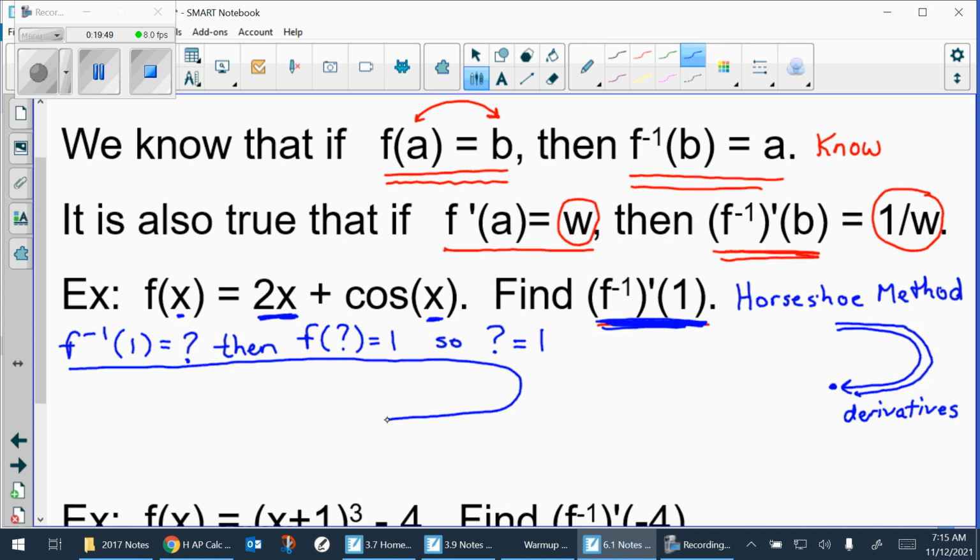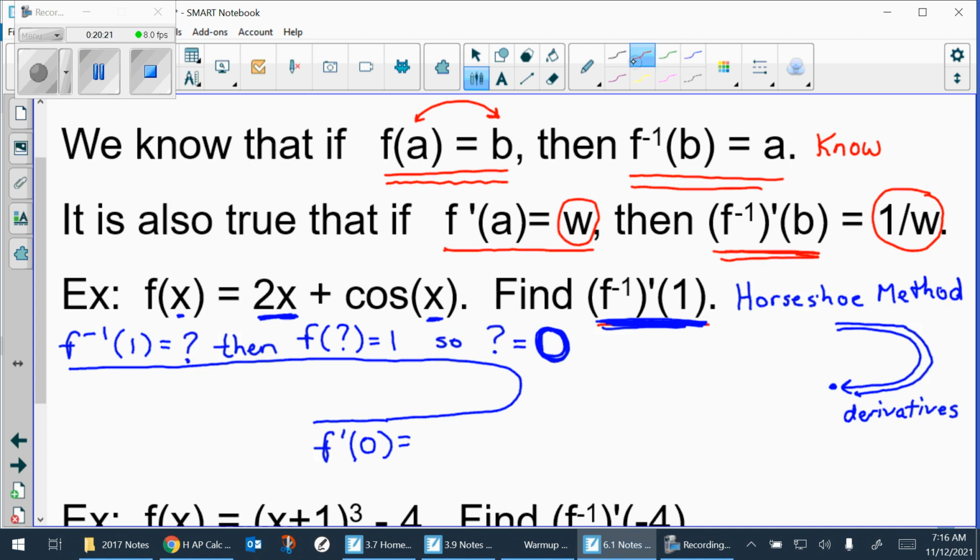And when we come back around, I know question mark is... oh, I'm sorry, no, question mark is 0. I don't mean to confuse you on that. I said 0 and I wrote 1. I would like to find f prime of 0.